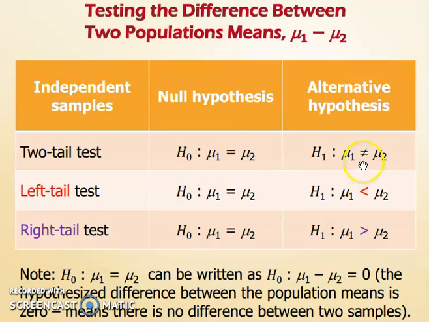This is the two-tailed test, not equals to, and when we have a one-tailed test, it's going to be either less than or greater than. Writing H null, mu1 equals mu2, is the same as writing mu1 minus mu2 equals 0, meaning that we bring the right side to the left side.